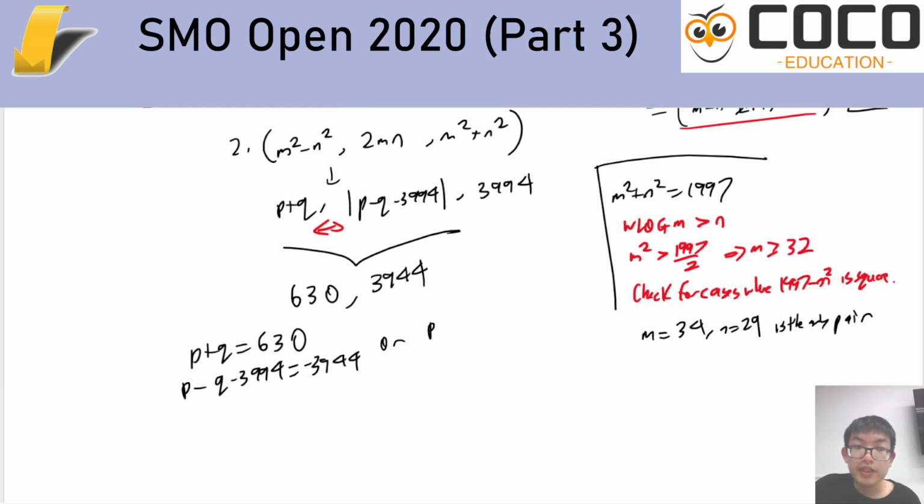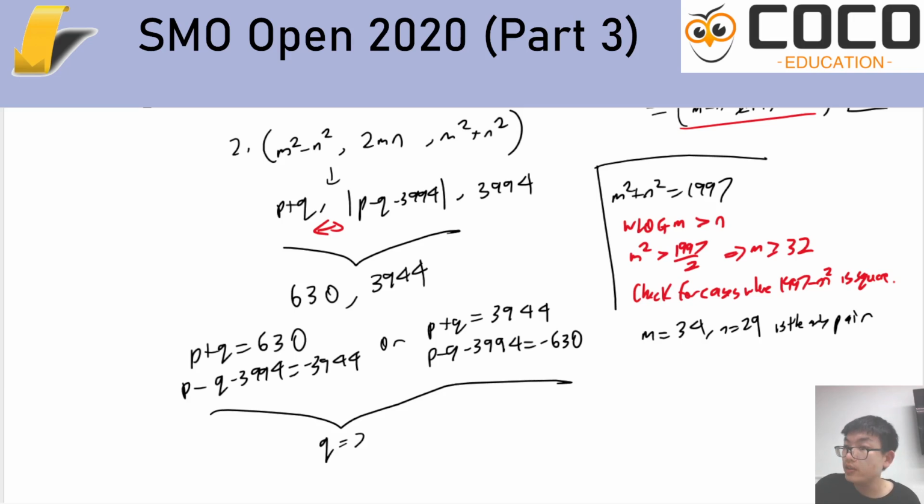So this thing is definitely going to be negative. Could also be the other way around. So we have got two possibilities to check, which are not really two possibilities, because to solve for Q, you're just going to subtract the two equations and both of them will give you the same thing, which is Q equals 290. P has two values which are actually kind of just symmetric.